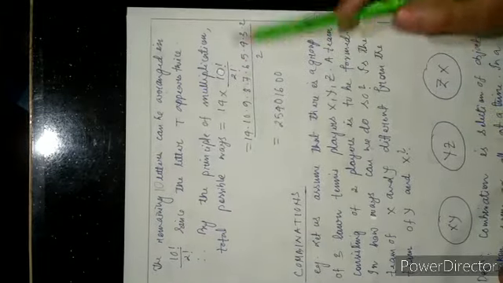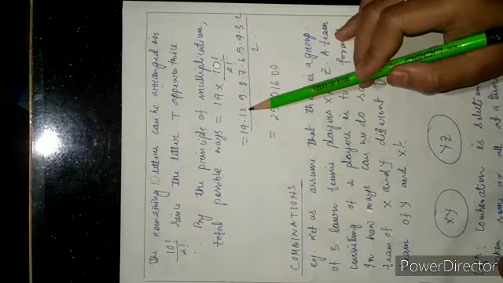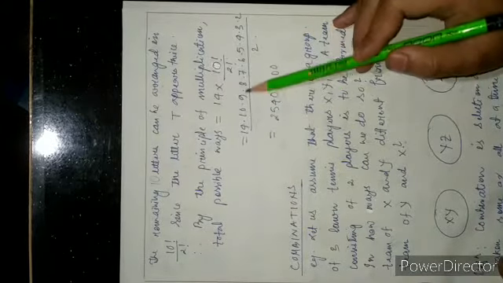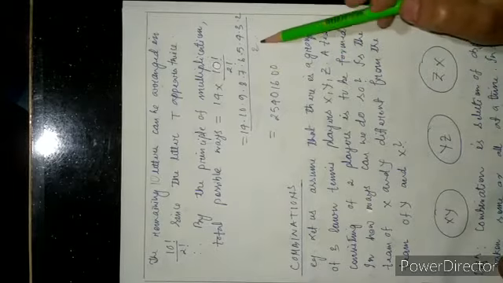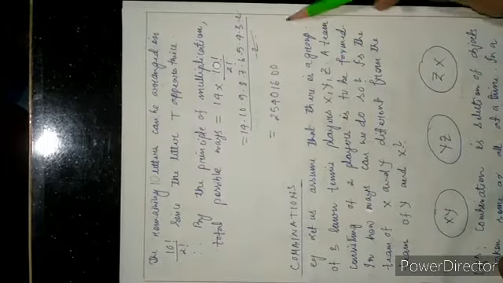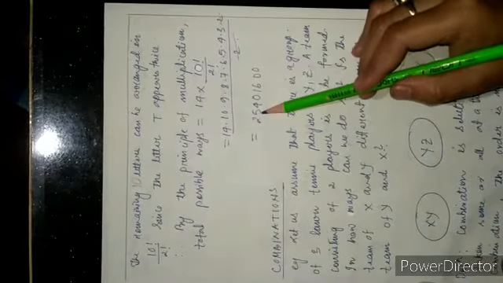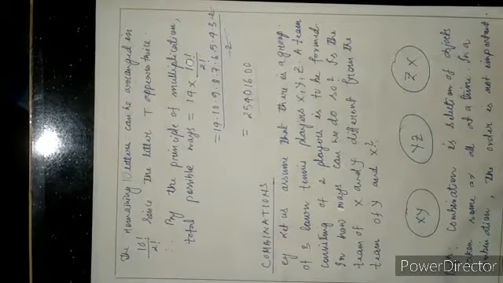Computing the product, 14 times 10 times 9 times 8 times 7 times 6 times 5 times 4 times 3 times 2 divided by 2, the 2s cancel, and the product of the remaining numbers is equal to 25401600. This is the number of arrangements.